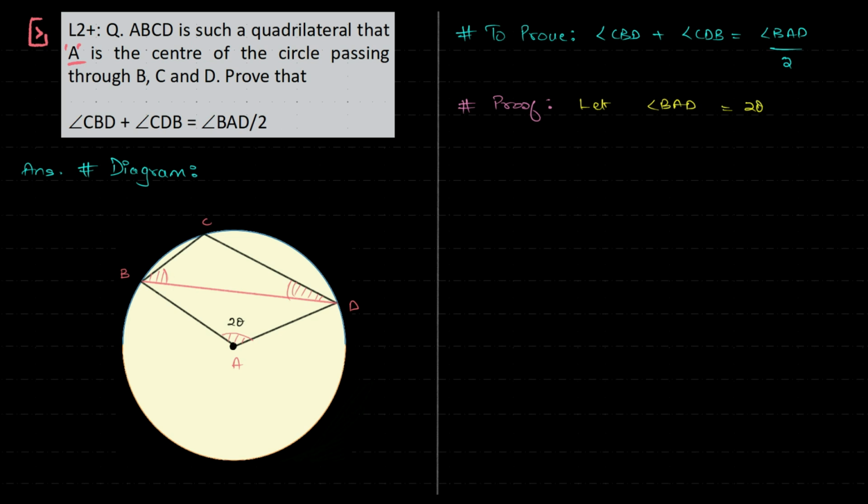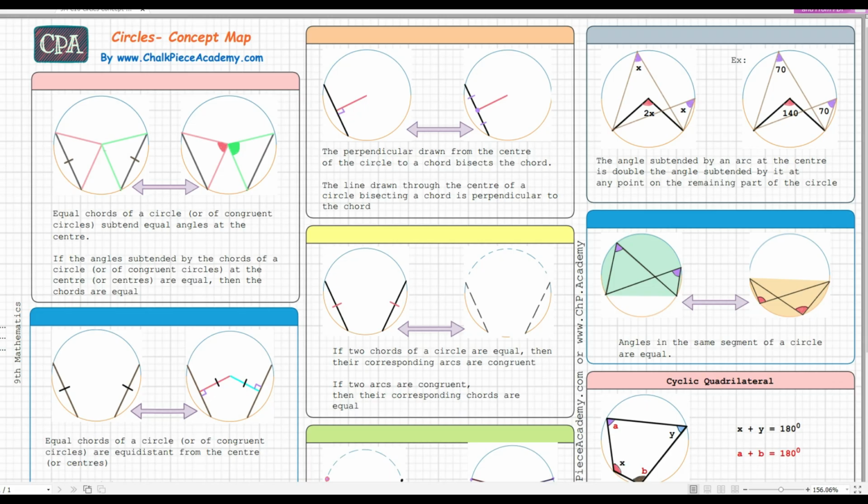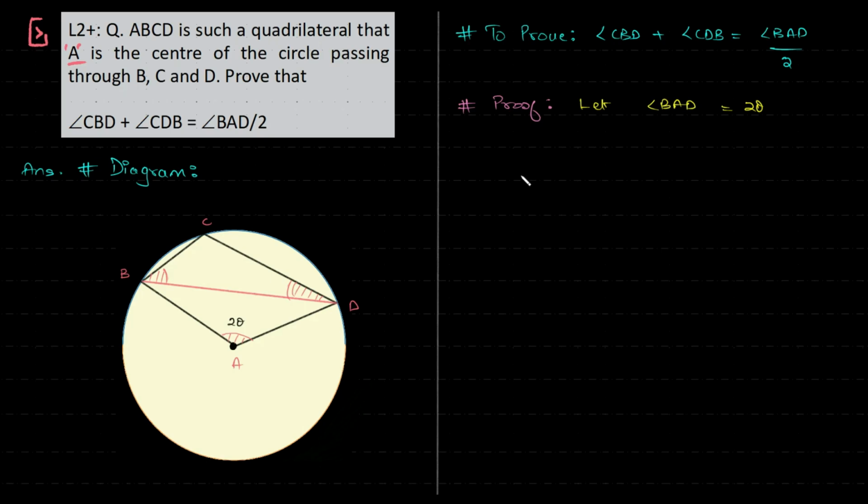Okay. Now, how is BAD related to C? Yes, we have to make use of the relationship between the angle an arc subtends at the center and at the circumference. So we will talk over here about angle BAD. Okay, let me redo this. I'll approach in a different way.